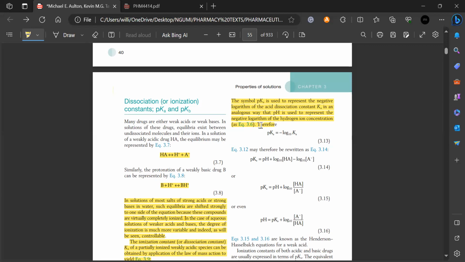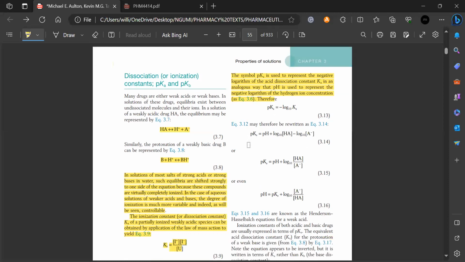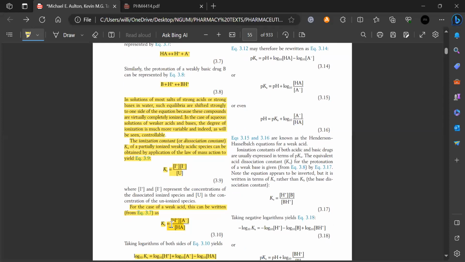So P is logarithm. And we can now write it down as pKa is equal to pH plus log HA minus log A minus. What does this mean? Just look at this equation here.